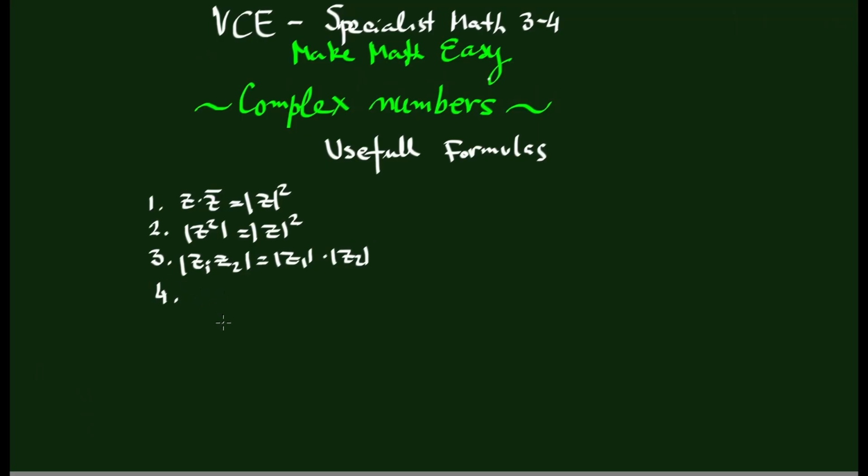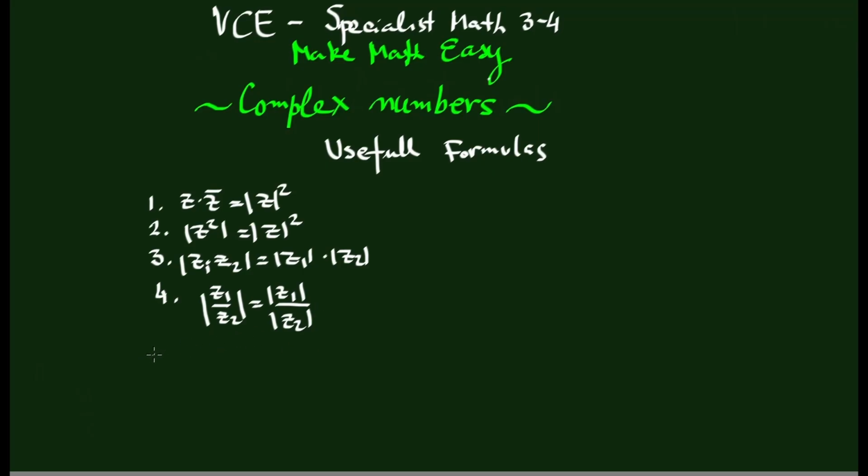Number 4: modulus of z1 divided by z2 equals modulus of z1 divided by modulus of z2.